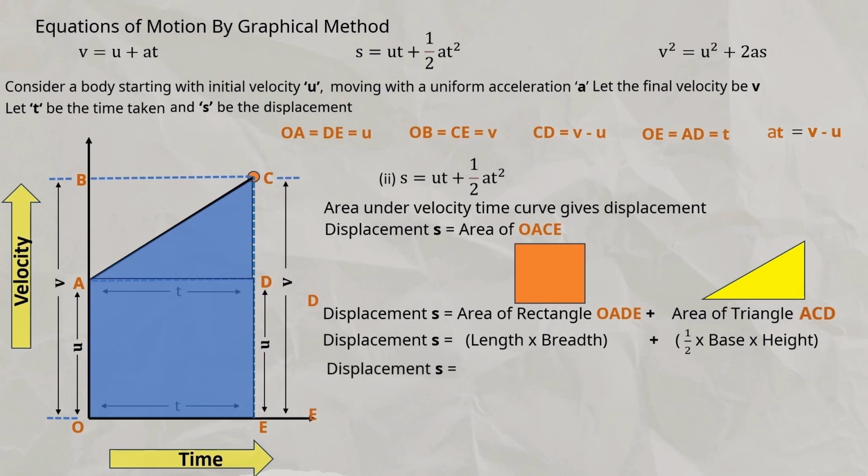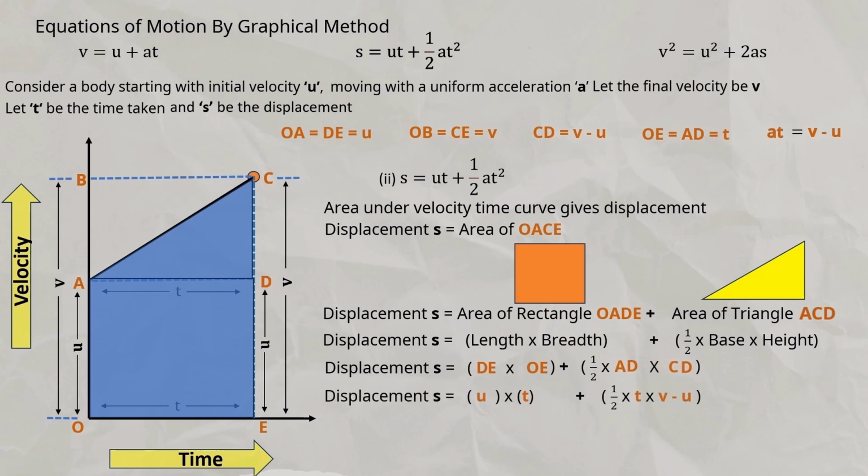The length of the rectangle is equal to DE and the breadth is equal to OE. Similarly, the base of the triangle is equal to AD and the height is equal to CD. Now from the data, we will apply all the values: DE is equal to u, OE is equal to t, AD is equal to t, and CD is equal to v minus u.